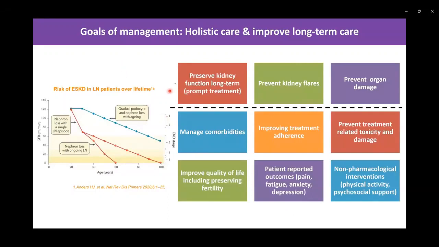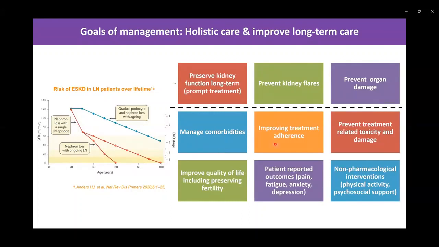While all of my other slides show how to preserve renal function in the long term, and all of these therapies target prevention of organ damage and prevention of kidney flares, as a clinician, we need to manage the various comorbidities associated with lupus nephritis in an individual patient.